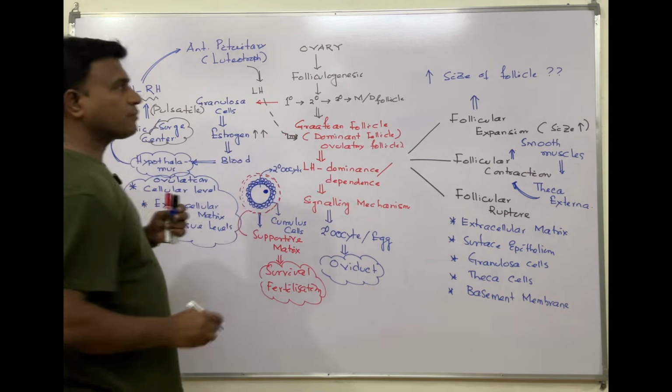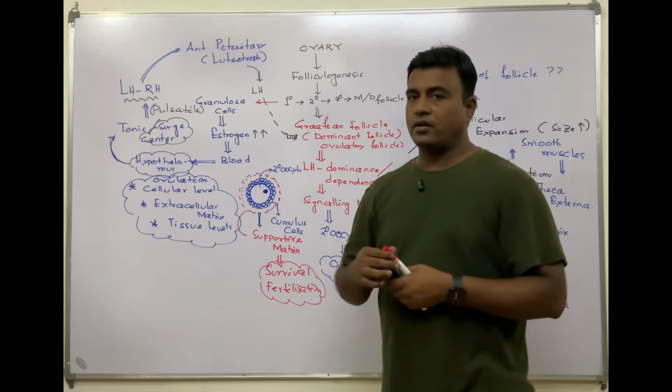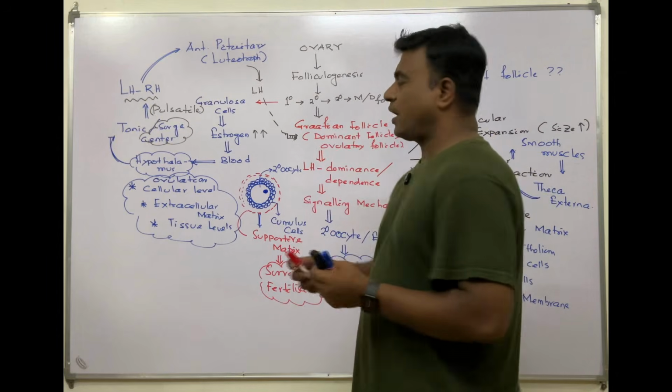This is the generalized flow chart, and then I'll write my 5 points. Then we can understand how ovulation is done.